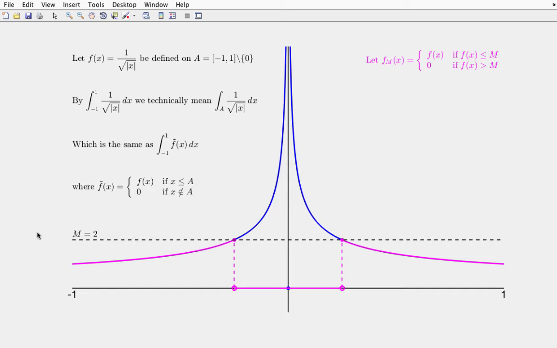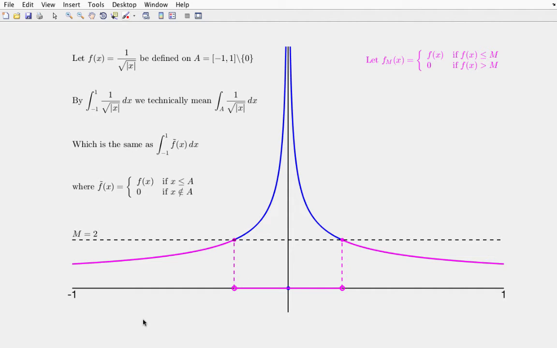But again, I have an unbounded function but on a bounded domain. I can use my same definition. Let f_m be f every time f is less than or equal to m and 0 otherwise. That gives me a bounded function on a bounded domain, and in this case my function is actually continuous except for 2 points.